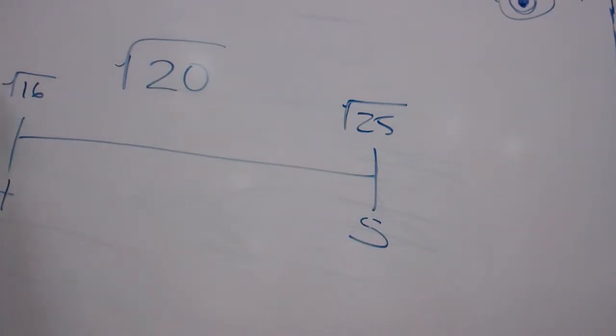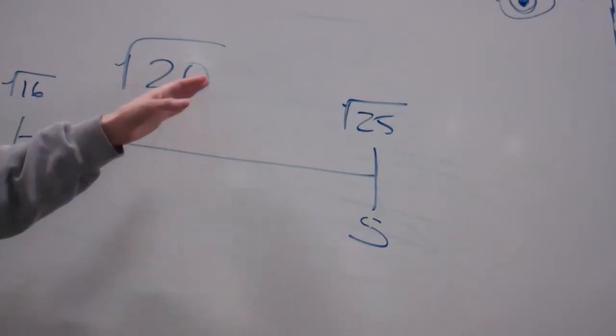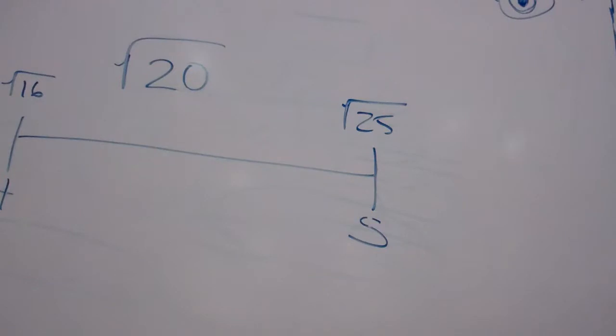What would I get? 4.5 times 4.5. 20.25. Did I go over? Yes, I did. So now we try 4.4 times 4.4.